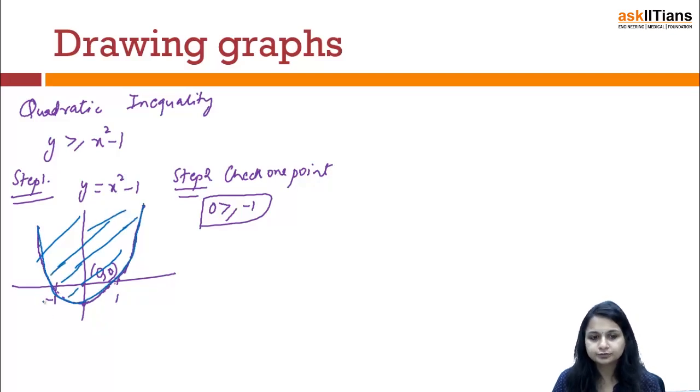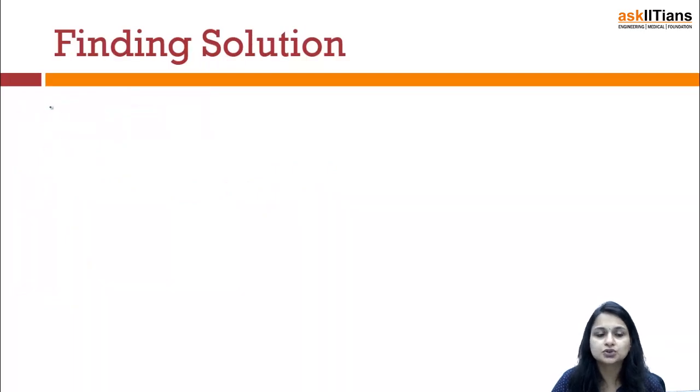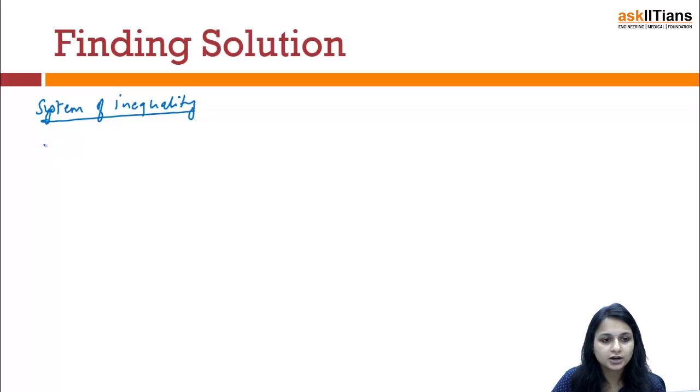Now, how to find the solution for a system of inequalities? Because right now I have just considered one inequality separately. But what if I say I want the solution for y minus x minus 3 less than 0, and again y greater than or equal to x square minus 1.